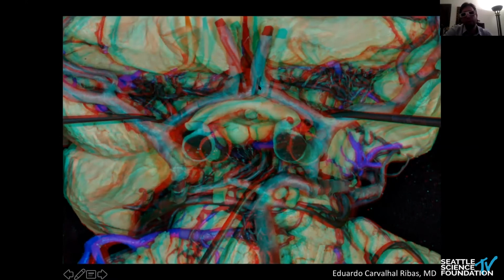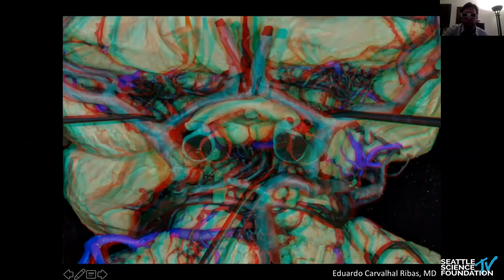So left and right ACAs are connected through the anterior communicating artery. At this point, we can see all these perforating arteries that we already mentioned, arising from the proximal segments of M1, A1, and the ICA bifurcation. These are the lenticulostriate arteries. They perforate the anterior perforated substance and supply the anterior part of the central core.